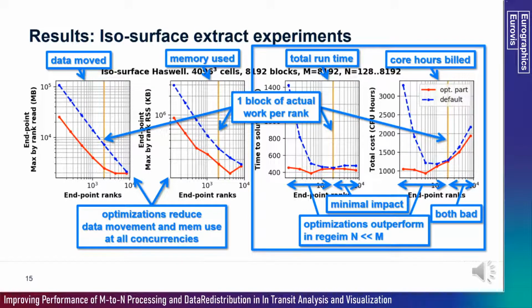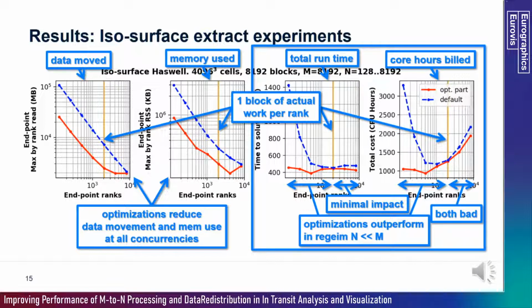To better understand the trends shown in these charts, we've gone back and analyzed the output of the optimized partitioner to determine the concurrency at which there's one block of work per rank. And we're showing this with the gold line. As you move to the right of this gold line, the number of ranks with no work to do doubles with each dot. This explains why the time to solution remains constant while the cost of solution increases.